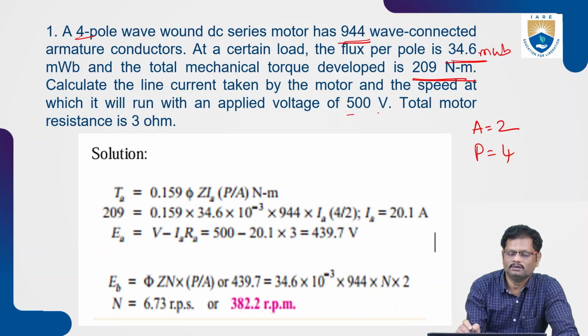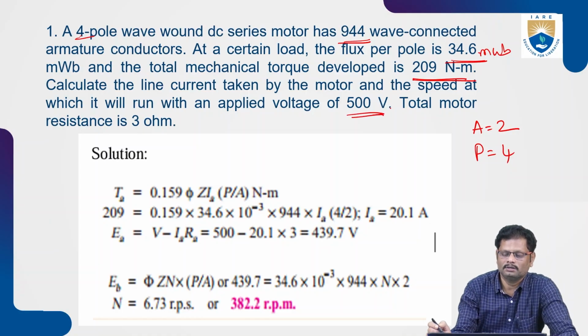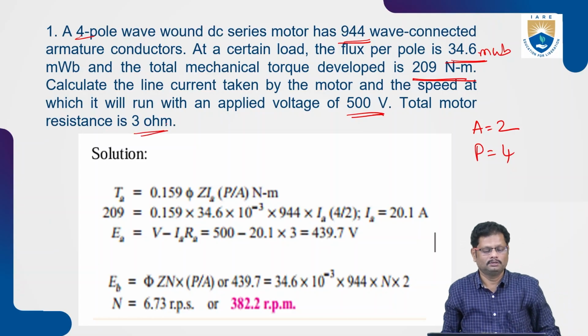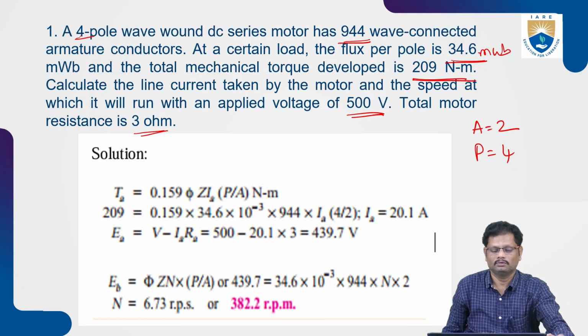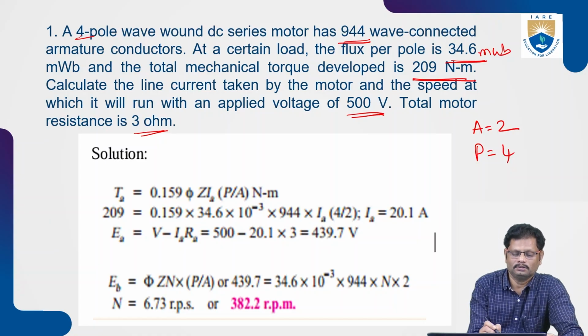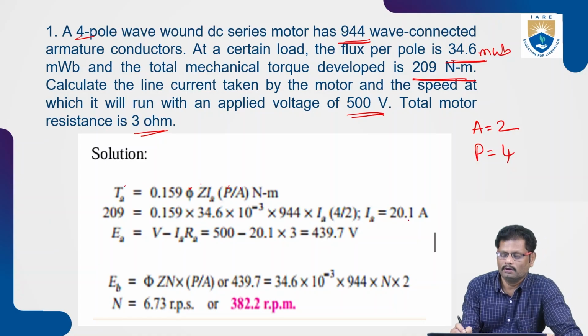And also given applied voltage, we need to calculate at this voltage the new speed, and also given the total resistance as 3 ohms. So we substitute the given values like torque, phi, Z, P, A, everything. After substituting, we have the armature current as 20.1 amps.